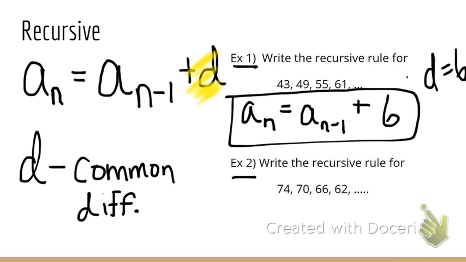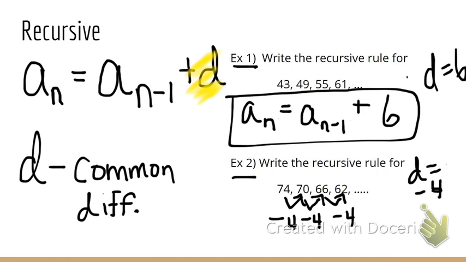The one below, we are now not going up, our sequence is getting smaller. So if it's getting smaller, we are now not adding by a certain number, we are subtracting by 4. So my d here is going to be a negative 4. Okay?